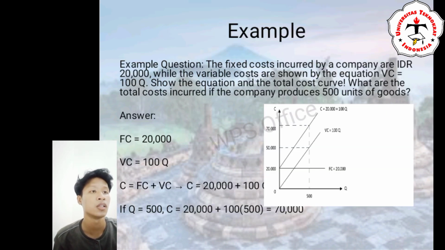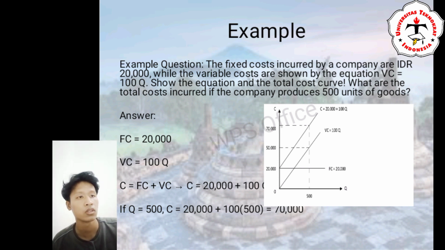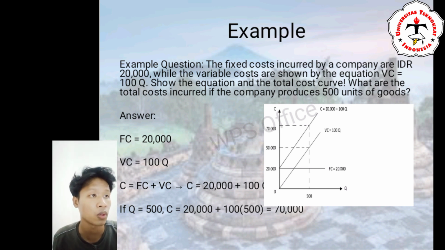Example: the fixed costs incurred by a company are 20,000, while the variable costs are shown by the equation VC equals 100Q. Show the equation of the total cost curve. What are the total costs incurred if the company produces 500 units of goods? The answer: FC equals 20,000, VC equals 100Q.